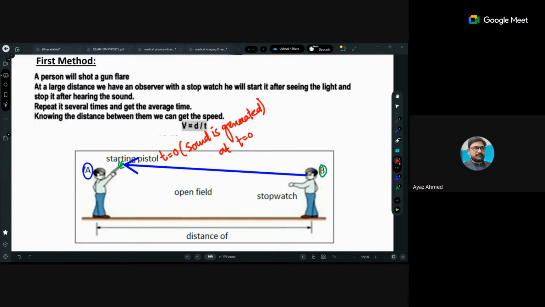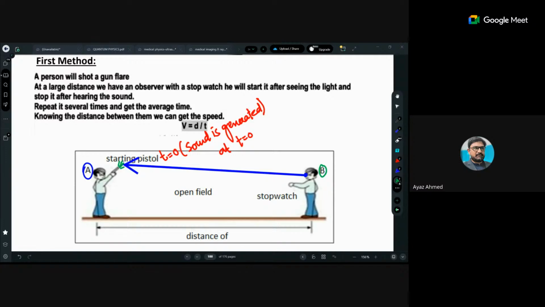Now, because sound takes more time to travel than light, the light is observed by this observer as it is produced. It means we consider that there is almost no delay between the sound generation and its light reaching the person.